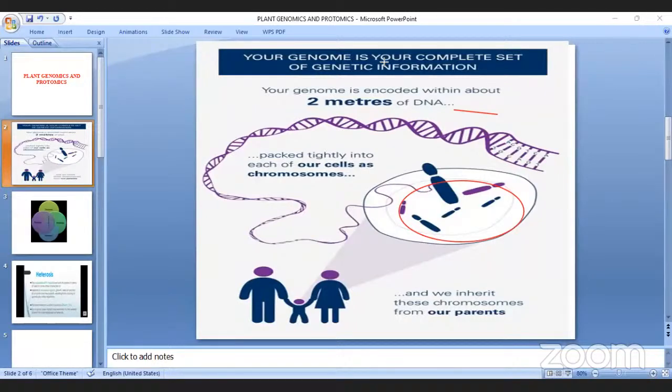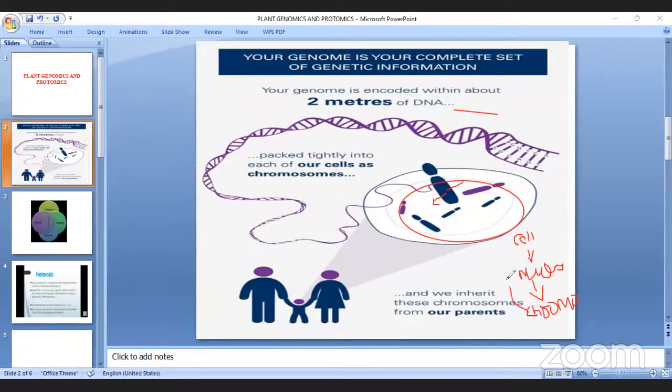Chromosomes. These are the chromosomes, the rod-shaped structures called chromosomes.